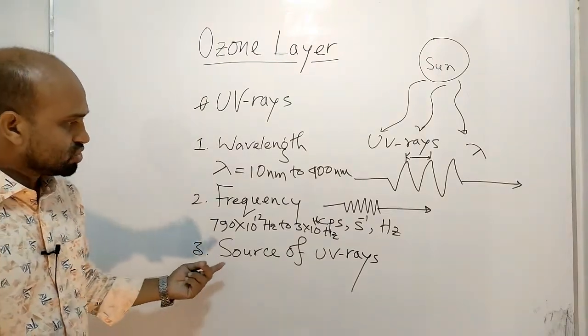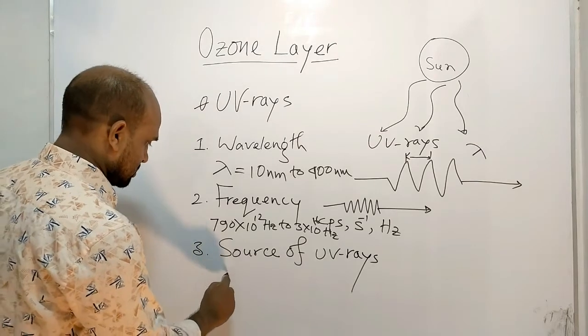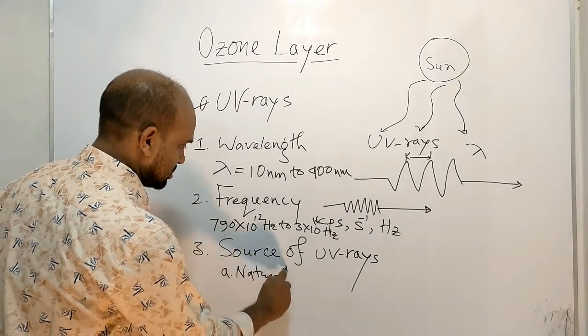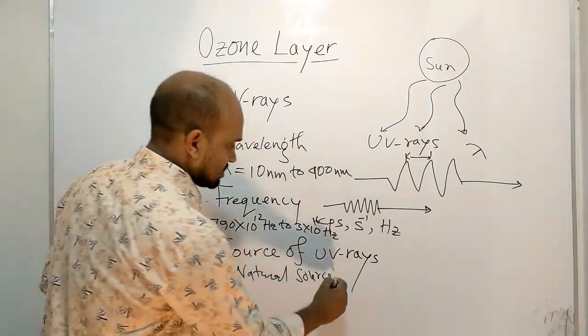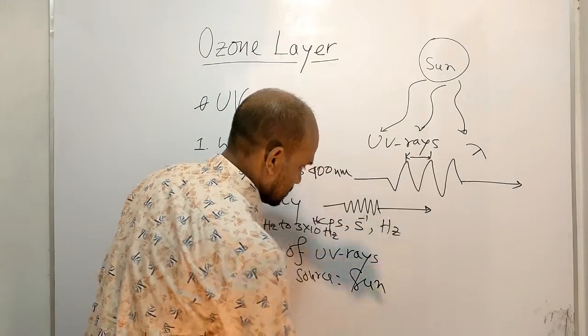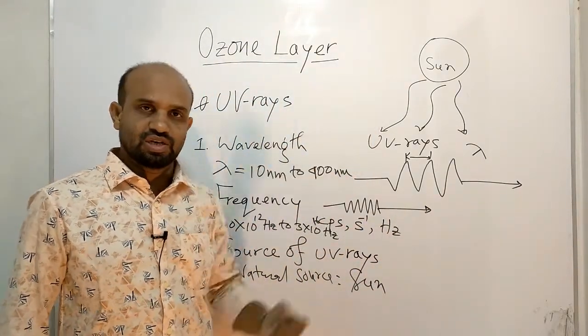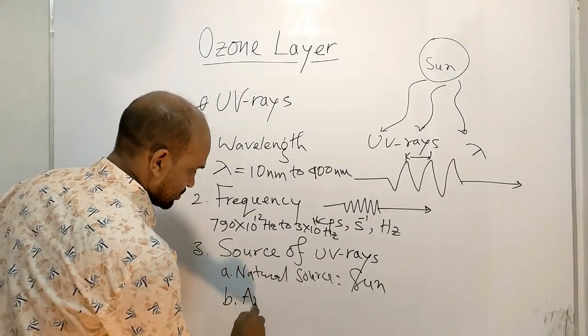Now, source of UV rays. There are two sources. One is natural source. Sun is the natural source, from which we get UV rays. And another source is artificial source.